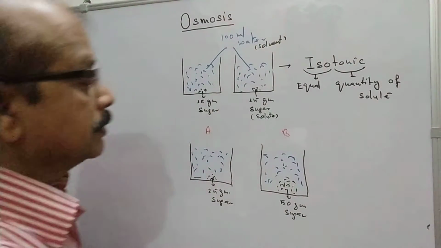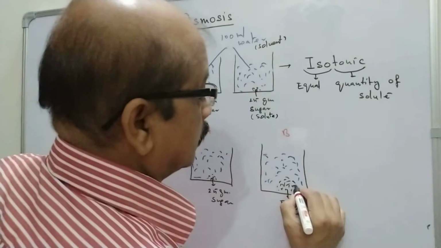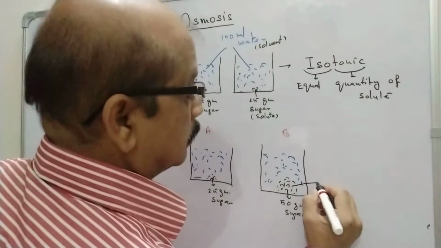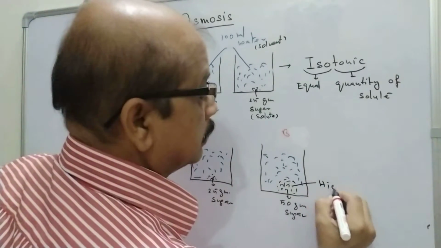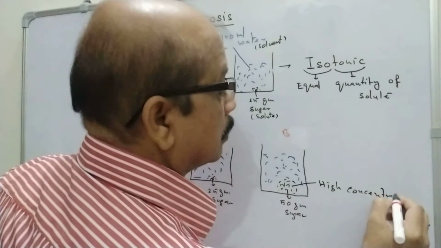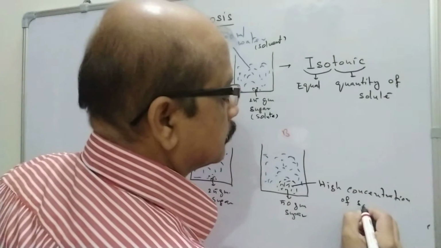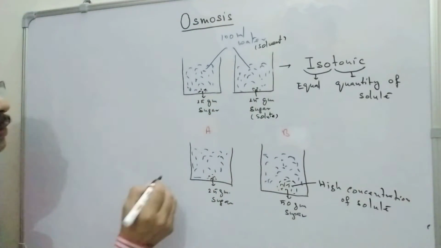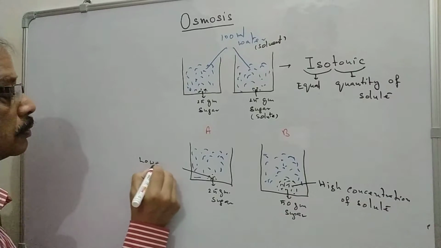So such solutions, here the quantity of sugar is high, high concentration of solute. Here low concentration of solute.